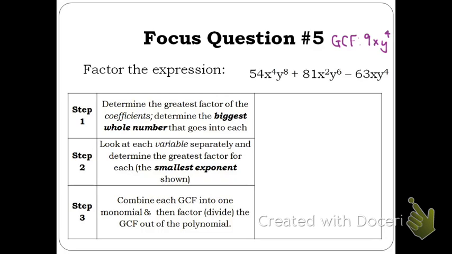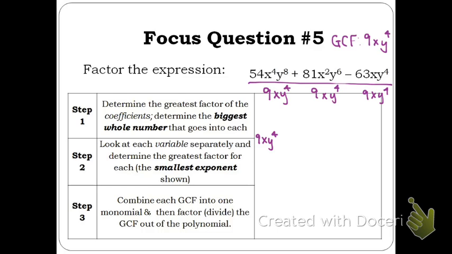So we can divide the entire polynomial by 9, x to the 1st and y to the 4th power. And then we can start including that in the answer. So I'm going to put that aside by writing it out front with 9x y to the 4th power.